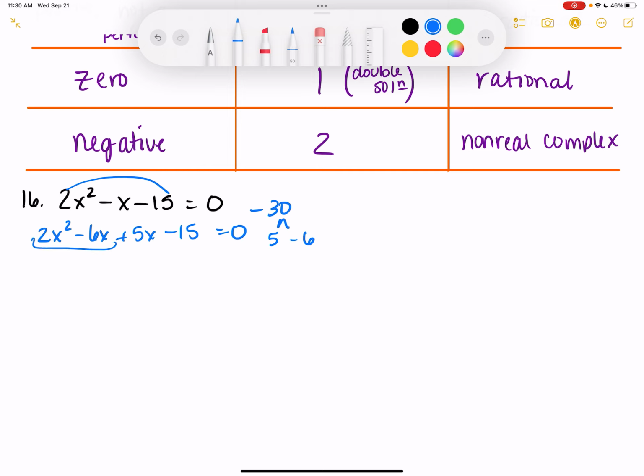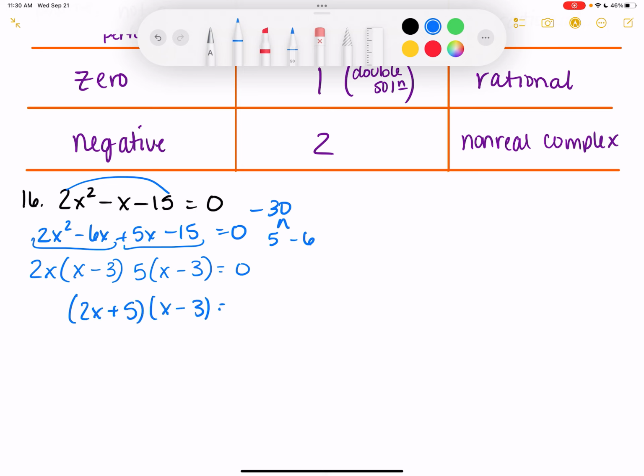So then take stuff out. Take out a 2x, leaves you with x minus 3. Take out a 5, leaves you with x minus 3. So then we have 2x plus 5 times x minus 3 equals 0. So then the zero factor property, we have to take each piece and set it equal to 0 and solve.